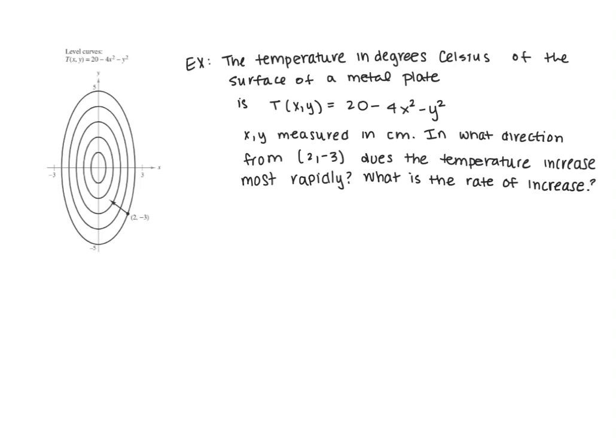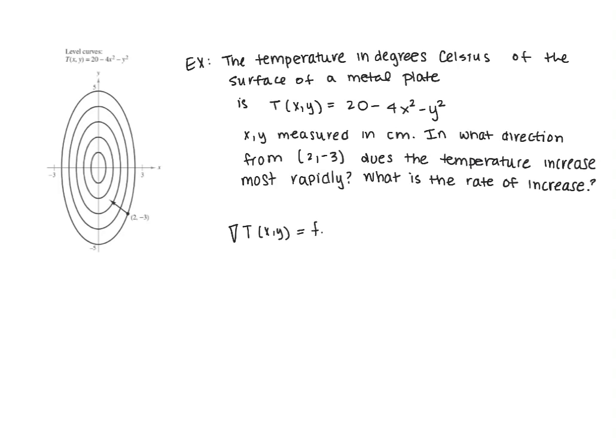So the rate of temperature increase, when is that the maximum? We're going to calculate that rate, and we're also going to figure out in what direction you're going. You can imagine maybe the heat source is at the center of the metal plate, and you're going to be going in that direction towards that heat source.